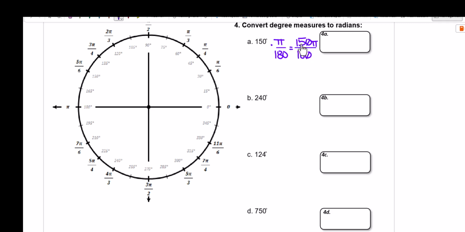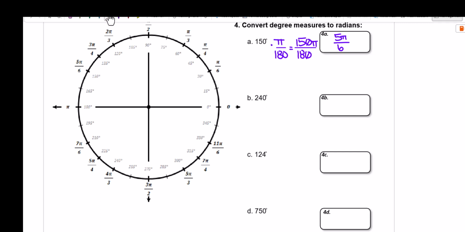I can reduce 15 and 18. I can reduce both of these by the number 3. So 3 will go into 15 5 times, 5 pi. And it'll go into the number 18 6 times, 5 pi over 6. So that's how they're converting from 150 to 5 pi over 6. They're multiplying by pi over 180.